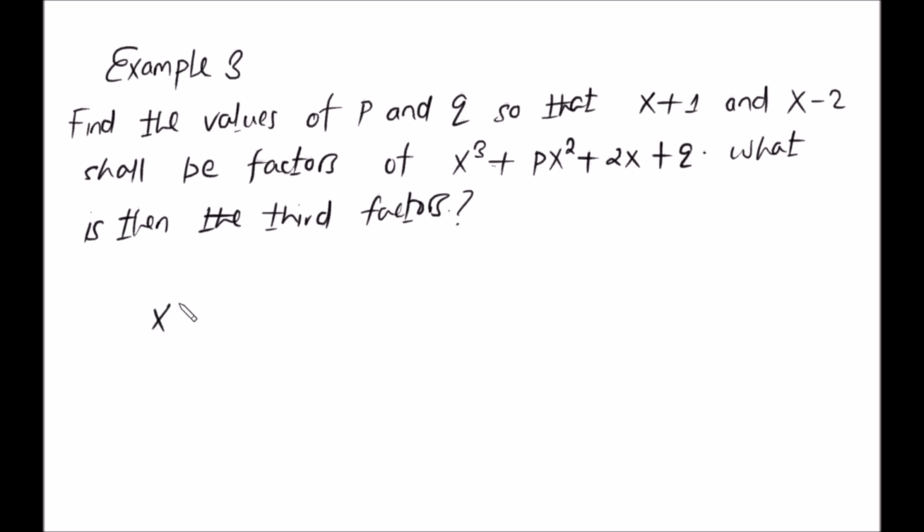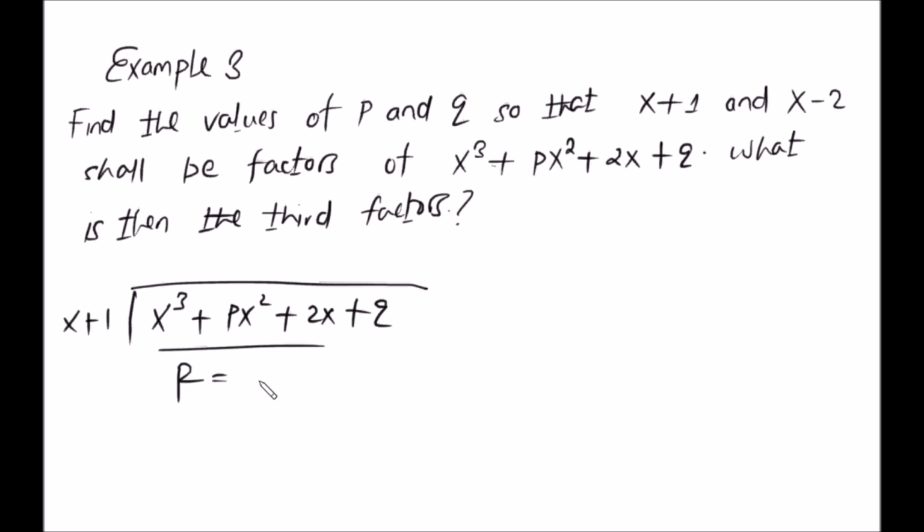So nikichukua huyu x cube plus px squared plus 2x plus q nikigawanya na x plus 1, remainder itakuwa sawa na nini? Na 0. Lakini kwa sababu hii x plus 1 ni kama x minus a, so a yangu ni negative 1. Hapo unaweza ukaona negative a sawa na 1, so a sawa na negative 1.